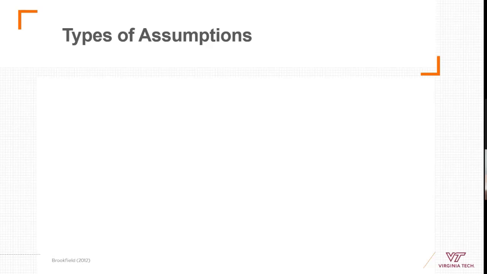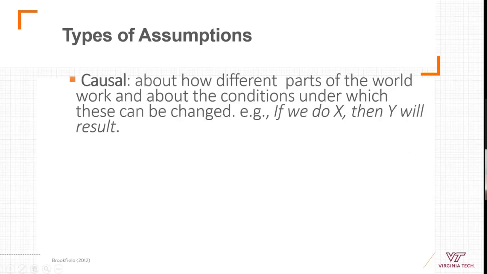And now this other type of categorization, it's not completely cut and dry, there's some overlap between the categories, but the categories are still helpful to think of. And those are, first of all, causal assumptions. With this one, we don't necessarily mean causal in the pure methodological sense, like with an RCT.